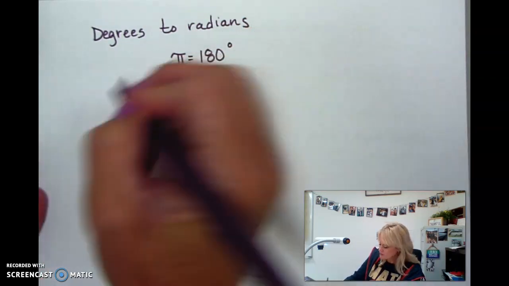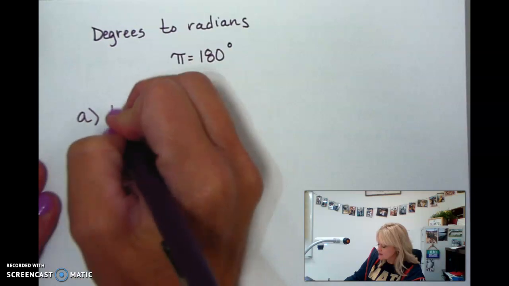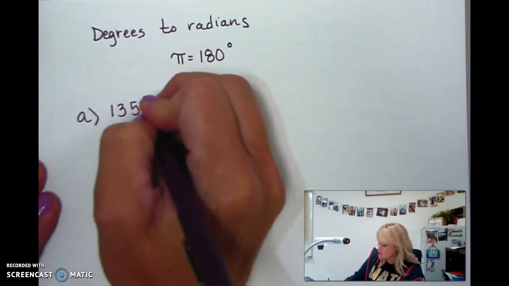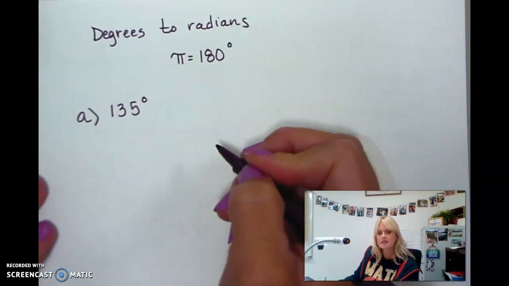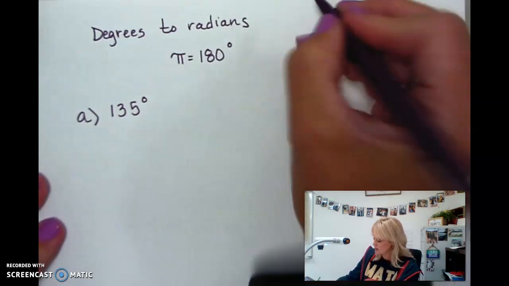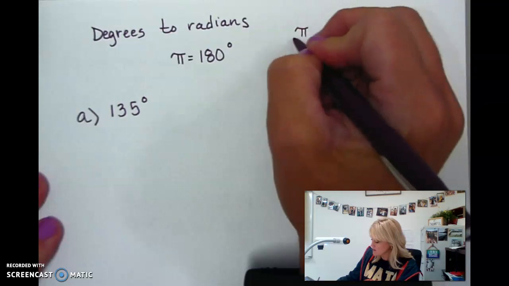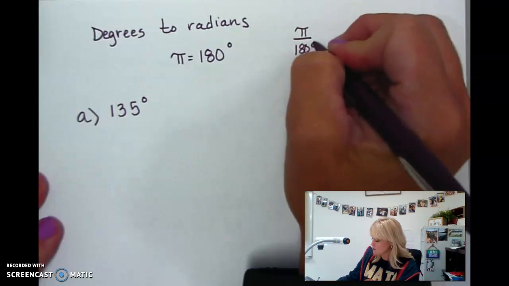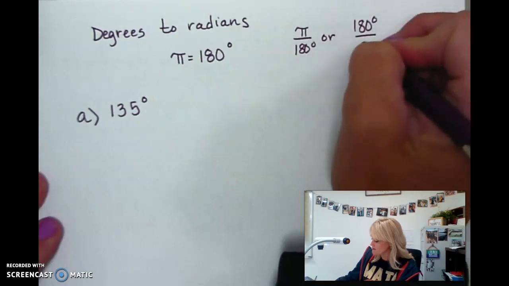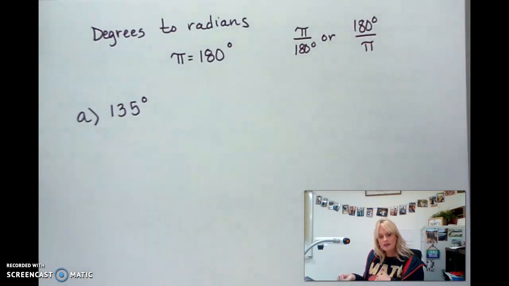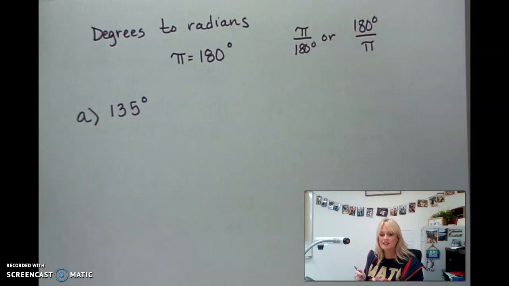Okay? So in this first example, if I'm converting 135 degrees into radians, I'm going to use the conversion factor either pi over 180 or 180 degrees over pi. And the one that you pick is the one you're trying to get rid of.